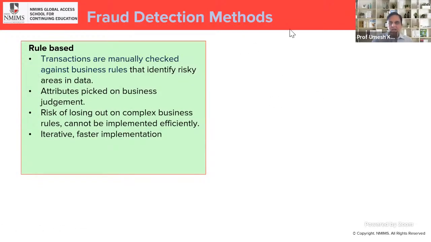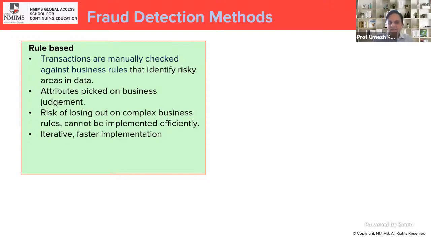So two kinds of things that are happening here, fraud detection methods. Rule-based system is not a machine learning based system. It is more running on rules, and these rules are logics based on past experiences or past doings of the organization. There is a lot of manual checks involved in this process, and not all aspects are automated.